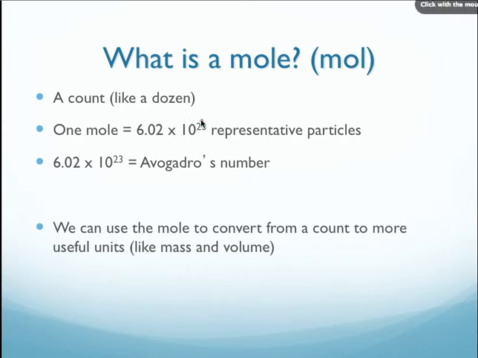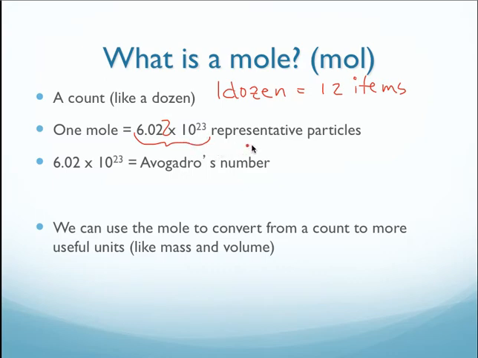It's like a dozen, in that 1 dozen is equal to 12. I can have 12 items. I can have a dozen muffins, a dozen eggs, a dozen poodles, a dozen people. 1 mole represents 6.022 times 10 to the 23rd representative particles.